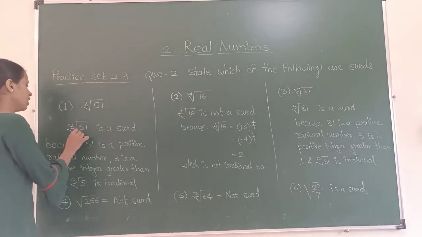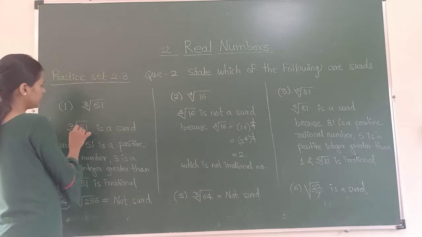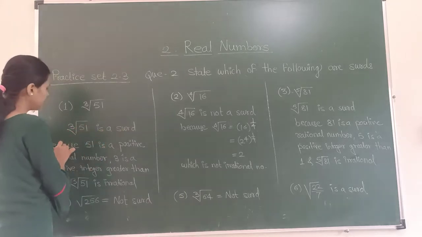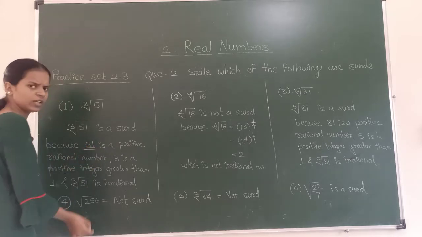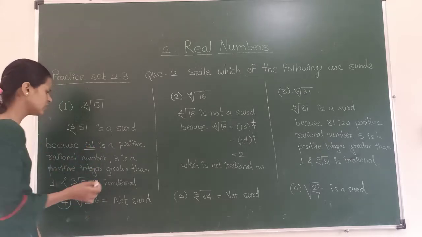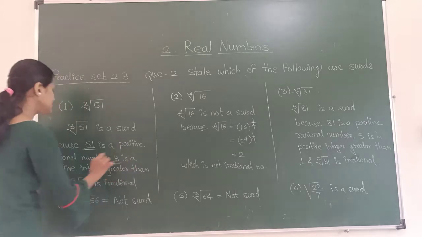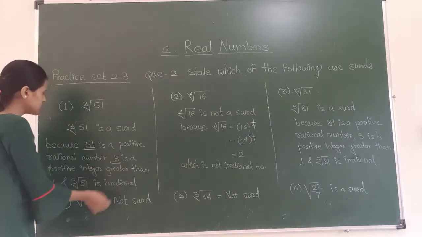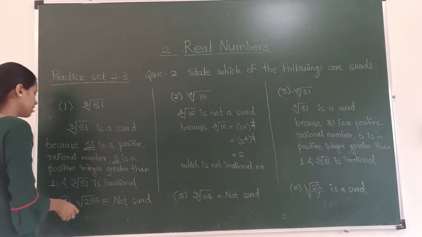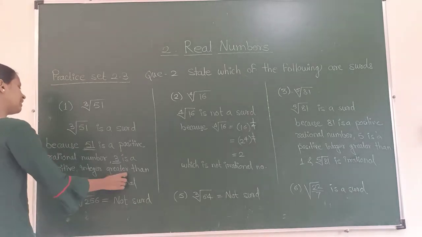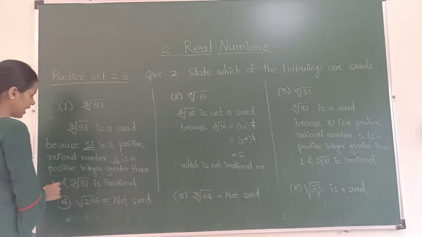See, 3 under root of 51 is a surd because 51 is a positive rational number. We know that 51 is a positive rational number and 3 is a positive integer. The integer must be positive, and a positive integer is greater than 1.